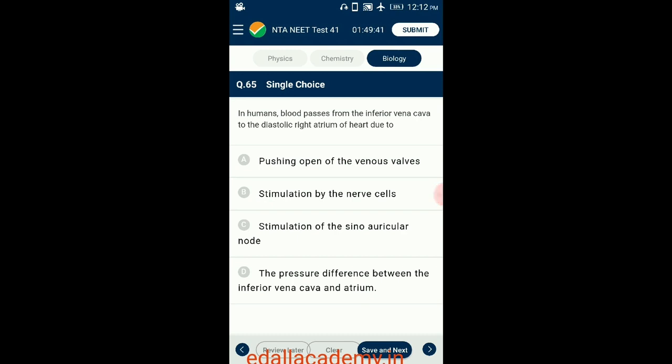Blood flows through the blood vessels along the pressure gradients, always moving from higher to lower pressure areas. The movement is also facilitated due to the development of suction pull as the result of pressure difference between the inferior vena cava and right atrium. So the answer for this question is option D. In humans, blood passes from inferior vena cava to diastolic right atrium of the heart due to the pressure difference between the inferior vena cava and atrium.